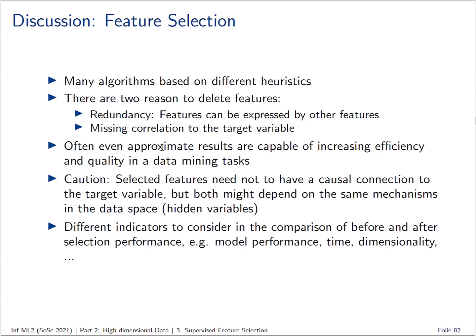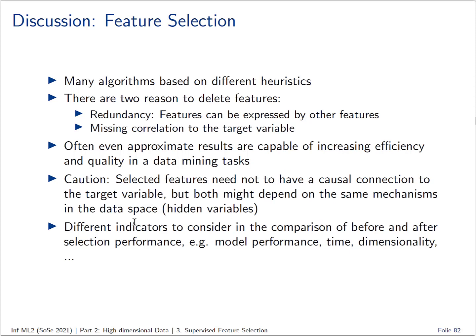So even if we don't get the optimal solution, we are still fine with that. And once again, caution: selected features need not have a causal connection to the target variable, but both may depend on the same mechanisms in the data space, like hidden variables.